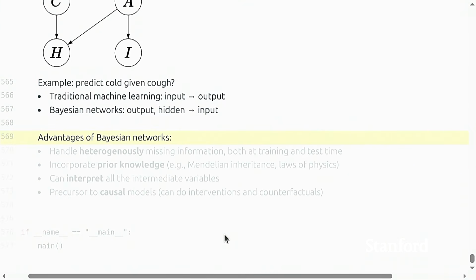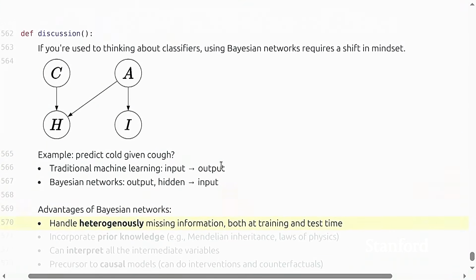So why would you do this? One advantage is that it handles missing information. So for example, if your data points have a missing value, sometimes the doctor didn't record whether you had itchy eyes or not, Bayesian models allow you to automatically take that into account. If you have prior knowledge about how things work, like your alarm system, what it reacts to, you can just write down what it does instead of trying to learn that.